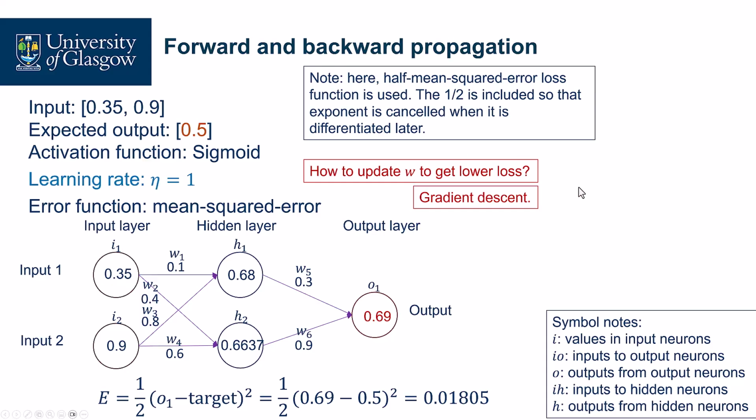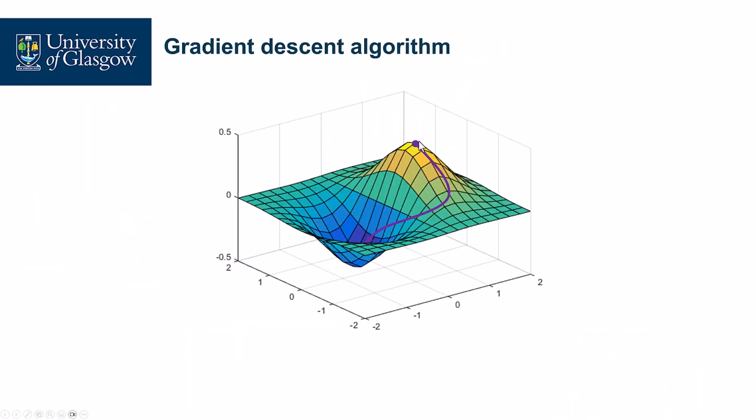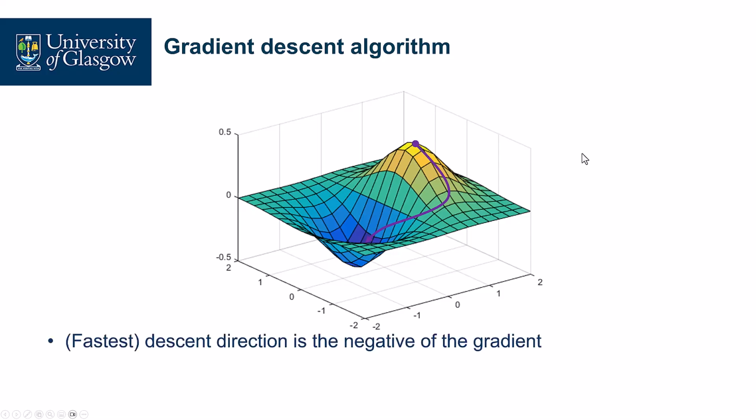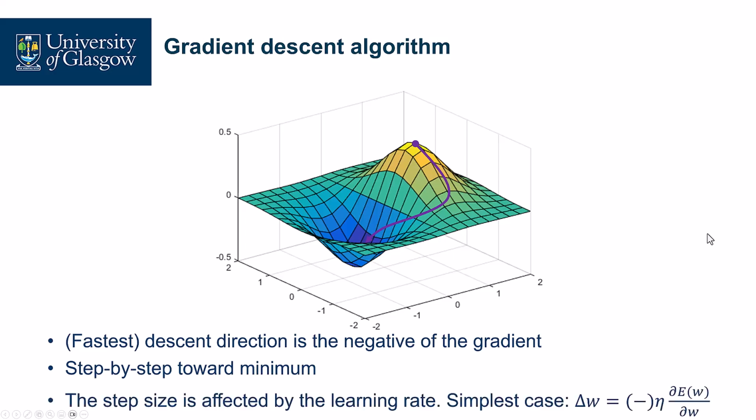Now let's do a brief review. For gradient descent, for each point we have a gradient, right? The gradient is the direction of fastest increase, so to go to the minimum we use the negative direction of the gradient, and step by step we go to the local minimum. The step size in machine learning we call the learning rate.